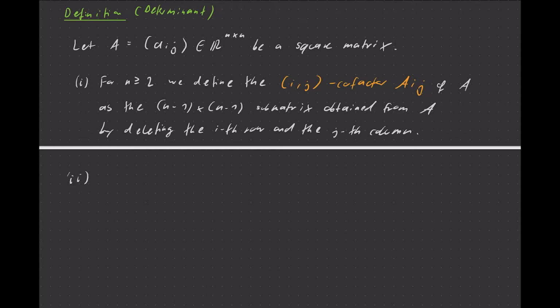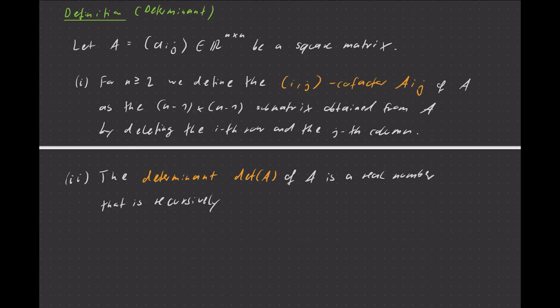And with these cofactors, we can now formally define the determinant. So we'll say the determinant, we'll abbreviate that as det of A, is a real number that is recursively defined as follows. First, the easy case.